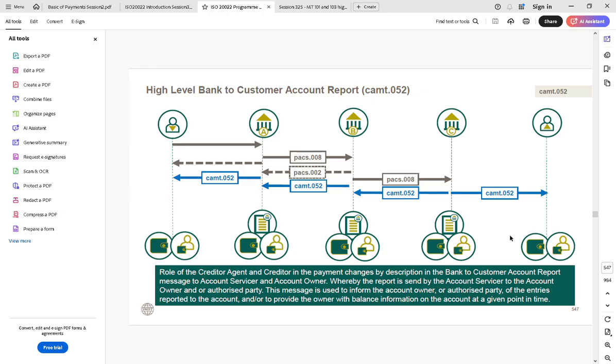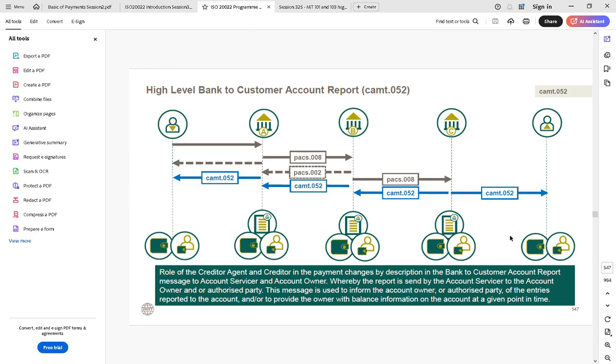The role of a creditor agent and creditor in the payment changes by description in the bank to customer account report message to account servicer, account owner, where the report is sent by the account servicer to the account owner and authorized party. The message is used to inform the account owner or authorized party of the entries reported to the account and/or provide the account with balance information at a given point. Okay, first one is the entries and second one is the balance information at a particular time.